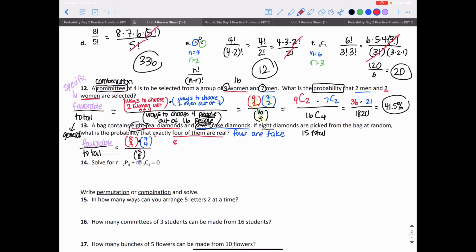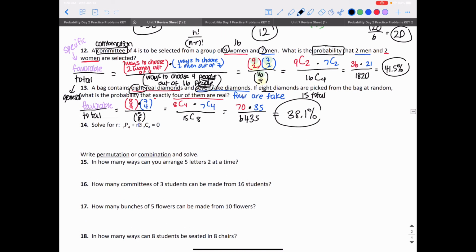This is 8C4, 7C4, and 15C8 in my calculator. And when I do that, I'm going to get 70 times 35 all over 6,435, which is 38.1%.